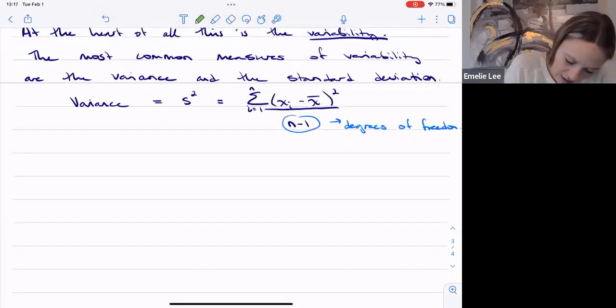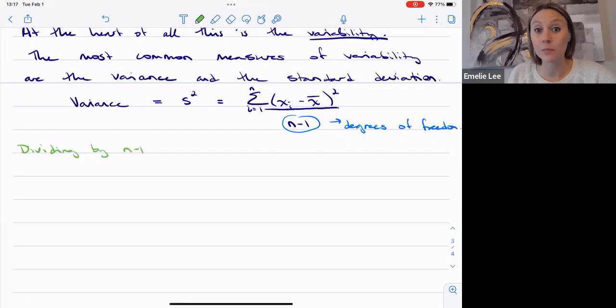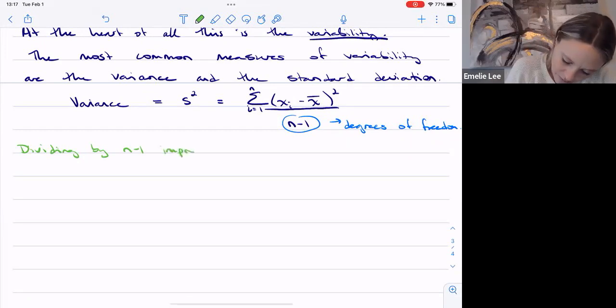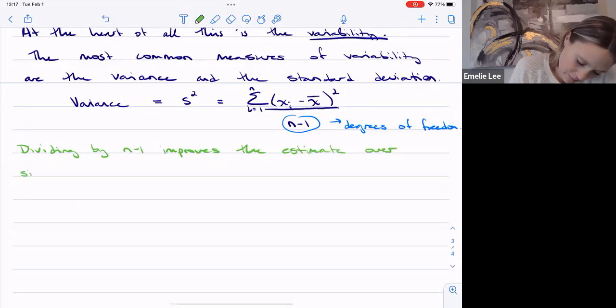Dividing by n minus 1 improves our estimate of the variance, because it is an estimate based off of our sample, over simply dividing by n.